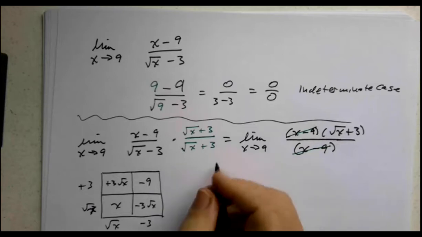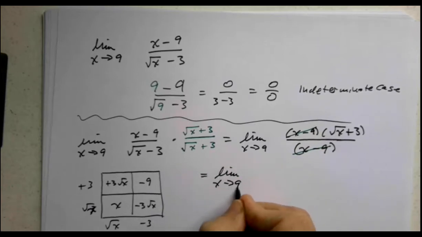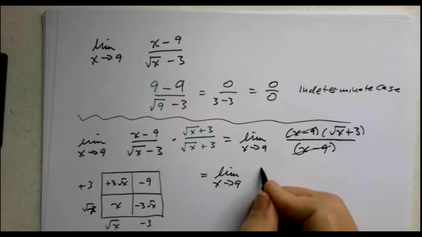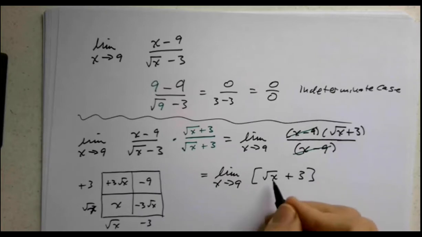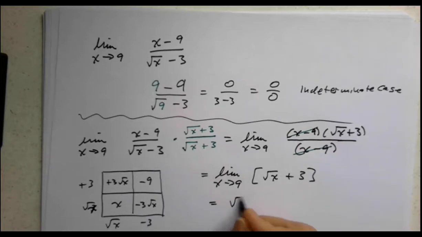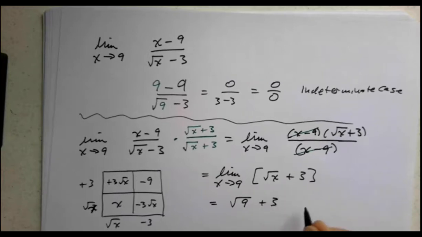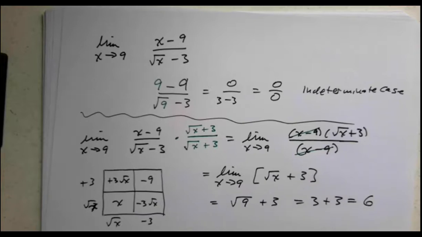So what I wind up with is the limit as x approaches 9 of the square root of x plus 3. So let's plug the 9 in. Plugging the 9 in for x, let's see if that works. We get square root of 9 plus 3, which is 3 plus 3, which is 6.